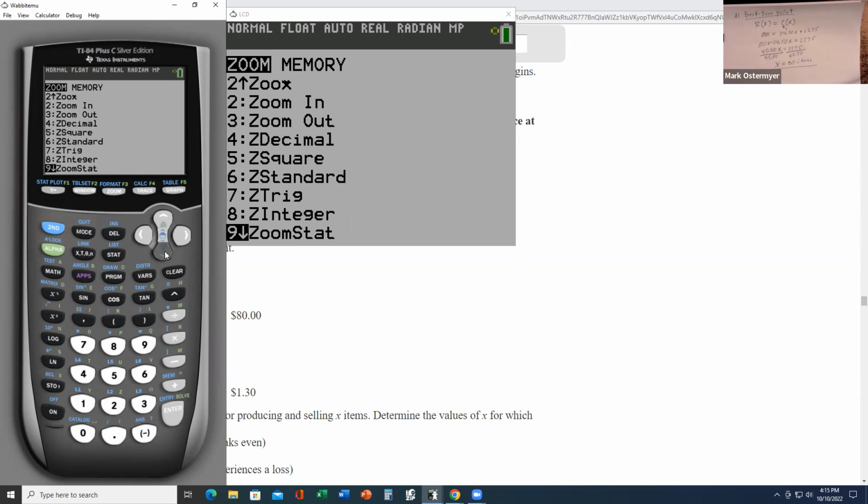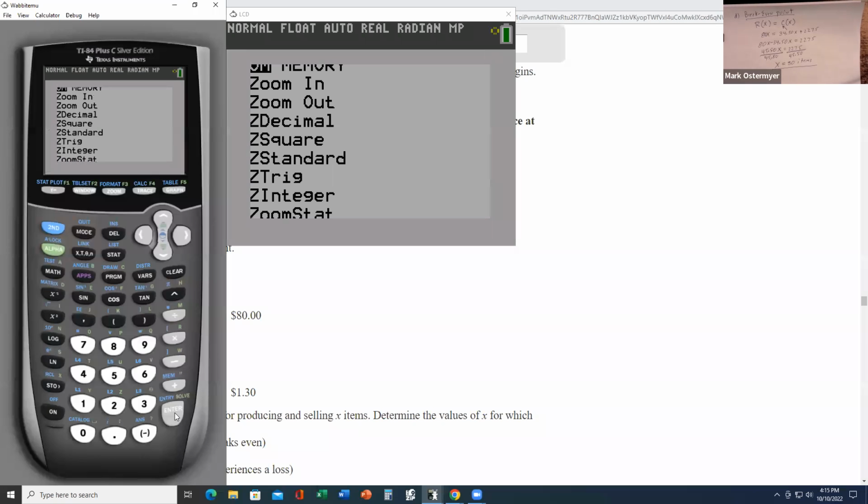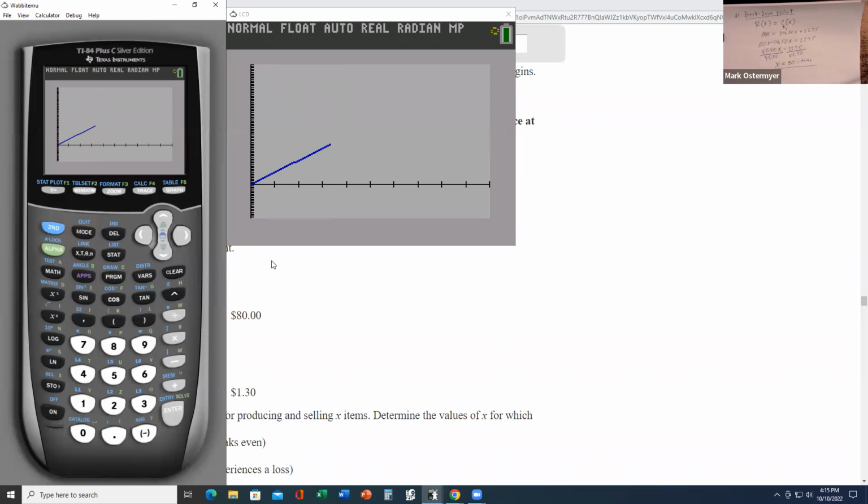Maybe you go to Zoom and do a Zoom fit. That sometimes starts getting you in the ballpark where you can start to see your graphs a little better. Zoom fit tries to configure X and Y axis so you can start to see these graphs.